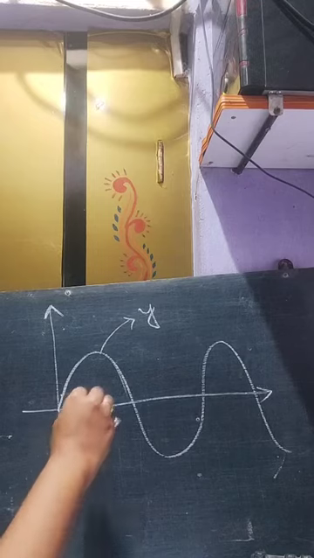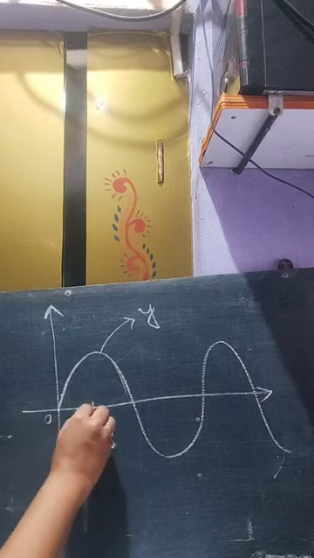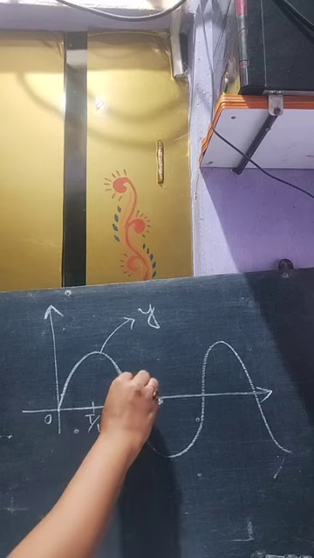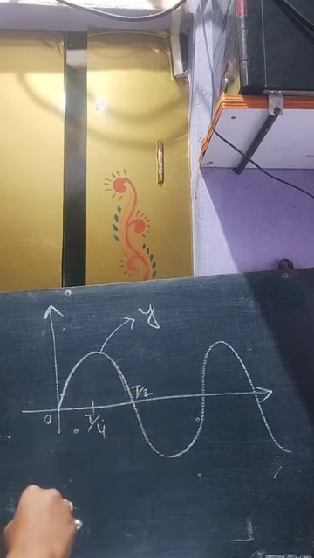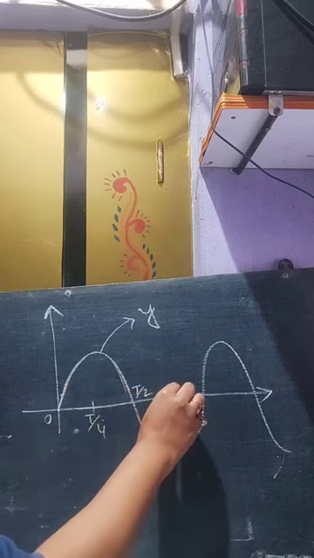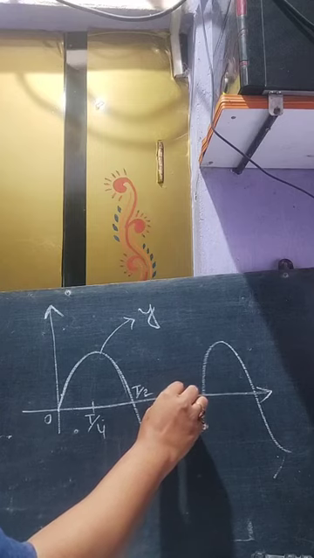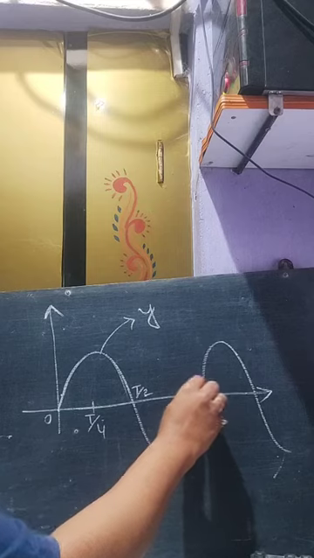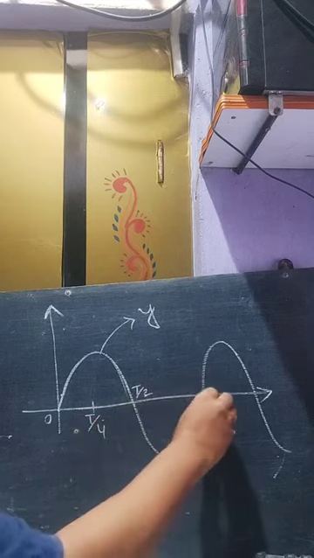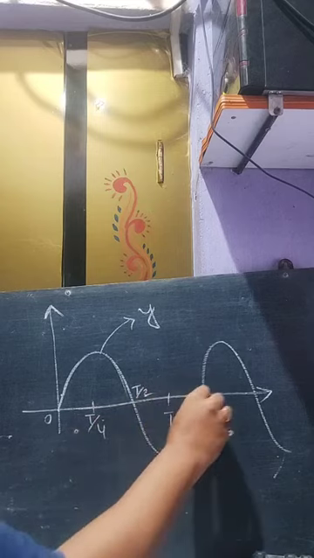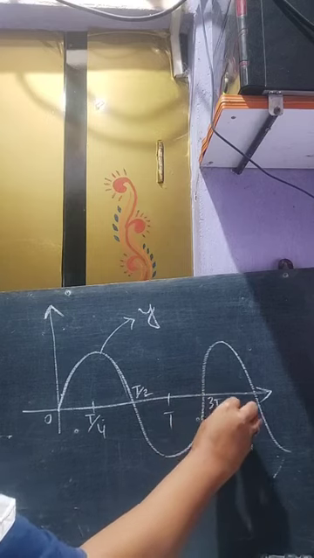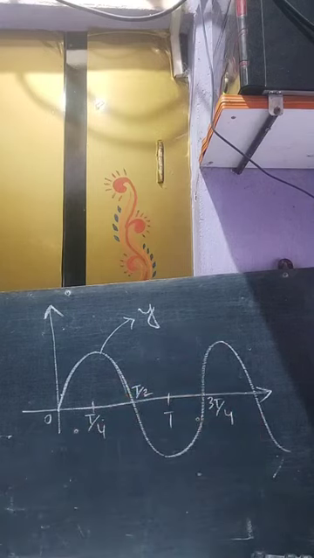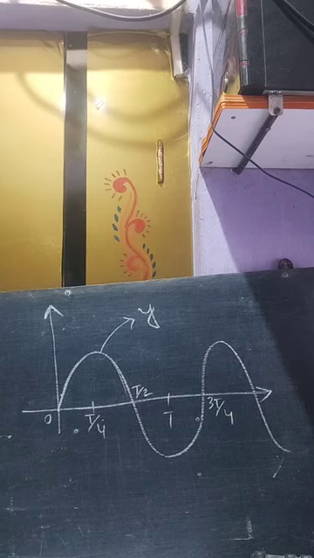Okay. So, what is this point? This is 0, this is T by 4, this is T by 2. Next, this will be T, this will be 3T by 4, like this the graph will move on. So, this is the graphical representation of the displacement.